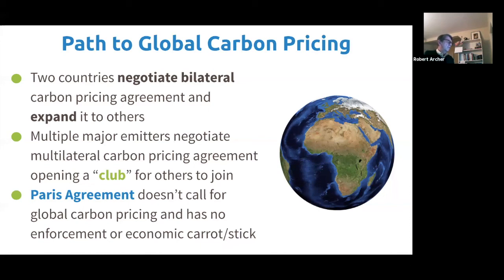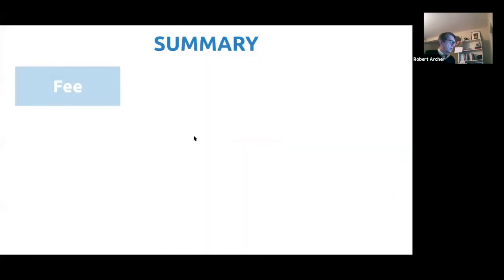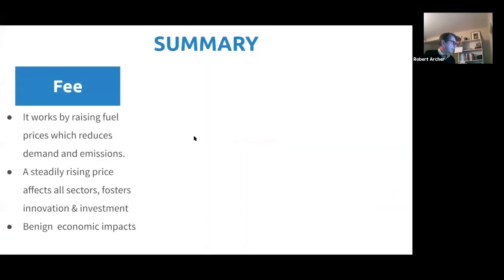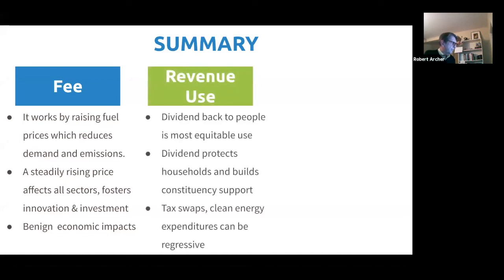So let me summarize before I touch on a couple points regarding regulation and cap and trade. In summary, the fee works. Fuel prices go up, demand and emissions down. A steady rising price affects all sectors and innovation. And the economic impact will essentially be neutral. With regard to the revenue use, the dividend's the most equitable, builds constituency support.